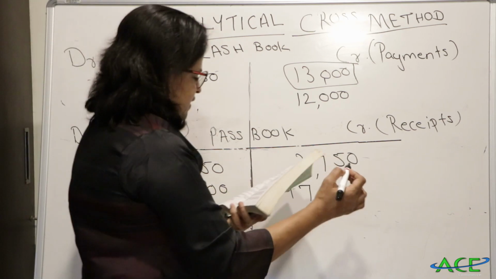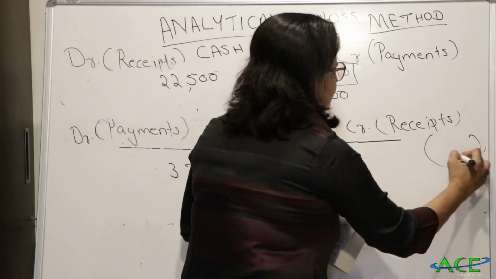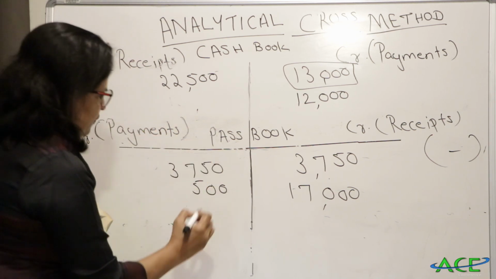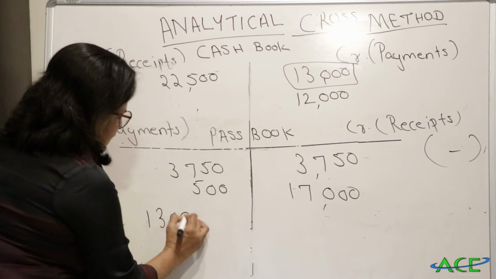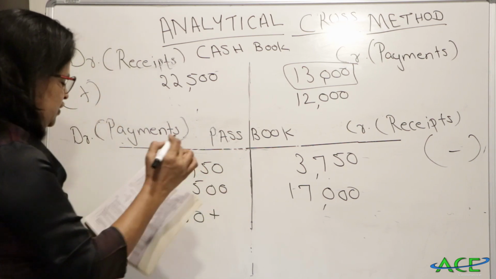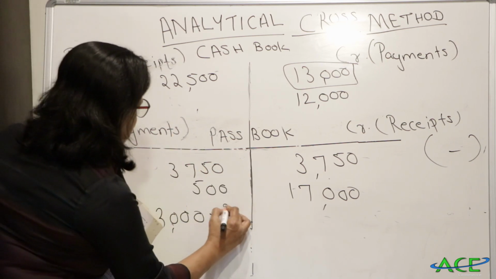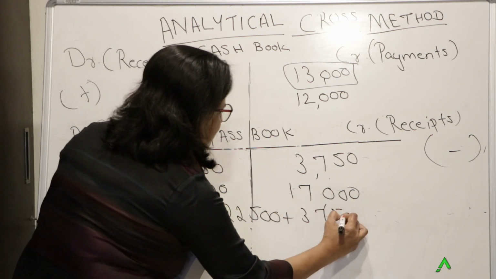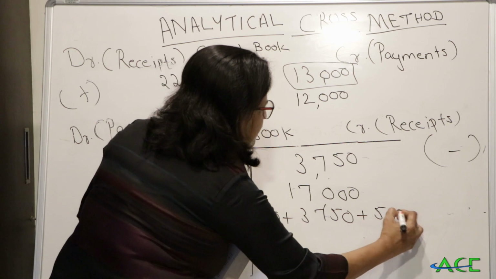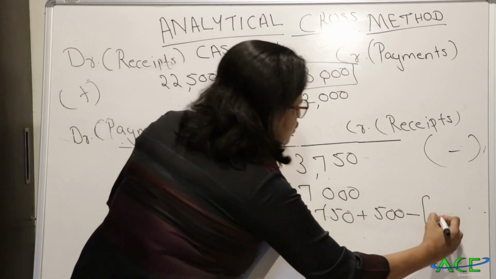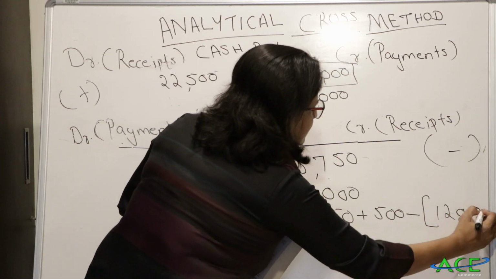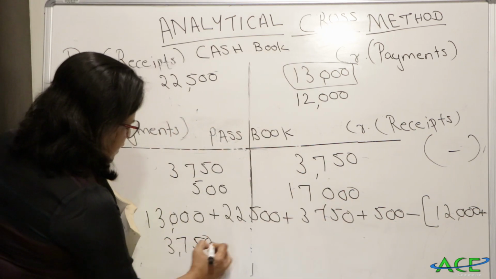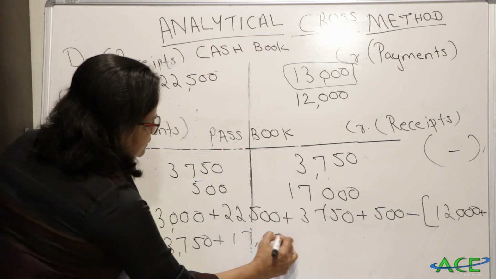Now you have to remember that this is minus and this is plus. So how do you arrive at the value? 13,000 plus 22,500 plus 3,750 plus 500, minus these values: 12,000 plus 3,750 plus 17,000.